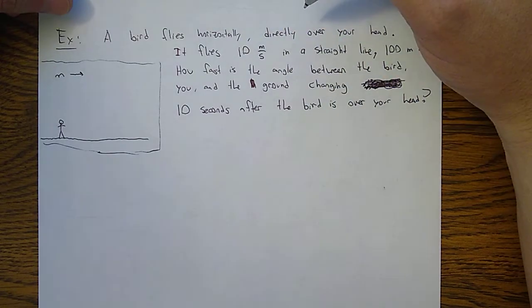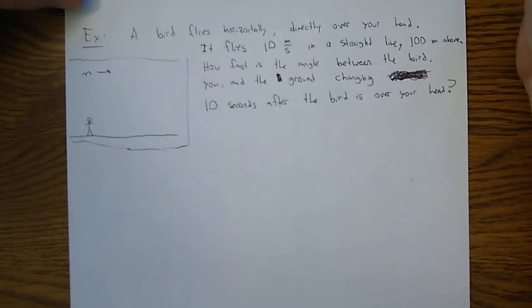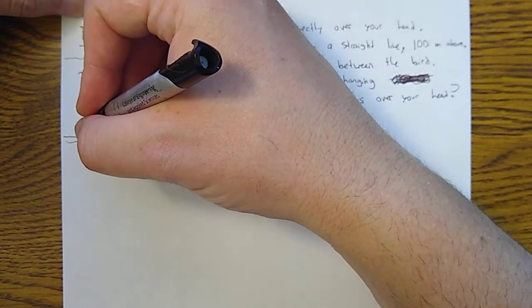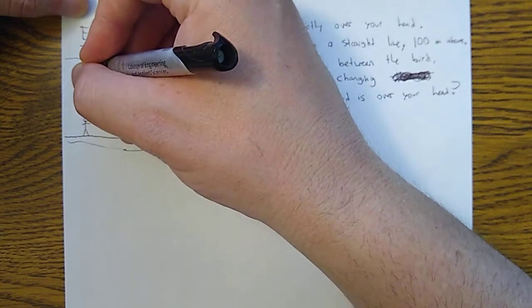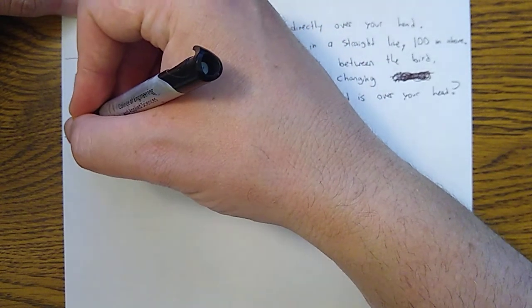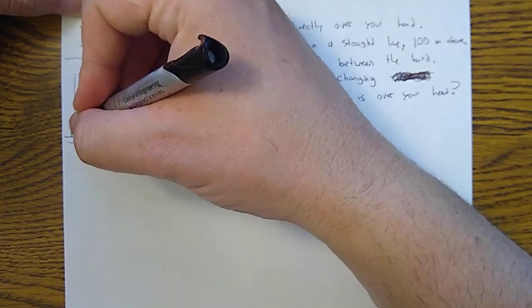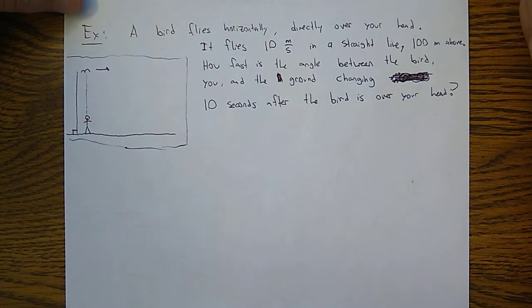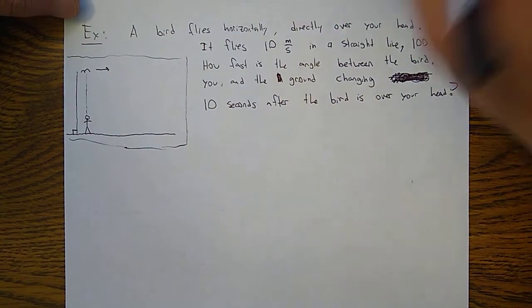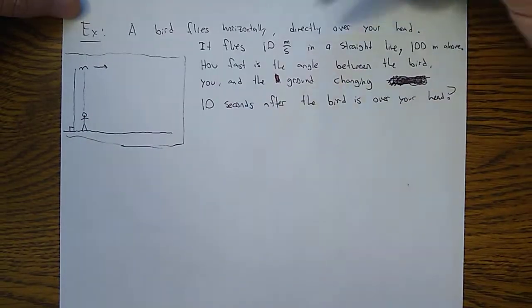A bird flies horizontally directly over your head. Let's assume that in the beginning, of course, we assume that directly overhead and the ground is perfectly horizontal, all of that good stuff. So a bird flies directly over your head.